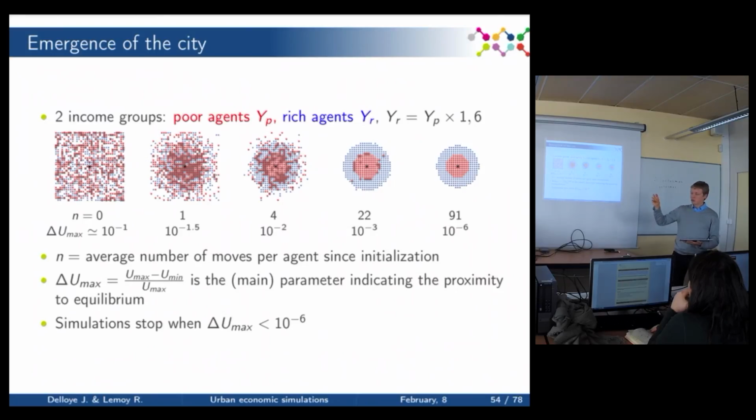Then people start moving closer, and the utilities become more and more homogeneous in the system, so the differences end up being very small. When they are small enough, I took an arbitrary number of 10 to the minus 6, so the homogeneity of the utility is very big, then I stopped the simulation. So it decreased by 5 orders of magnitude, from 10 to the minus 1 to 10 to the minus 6.